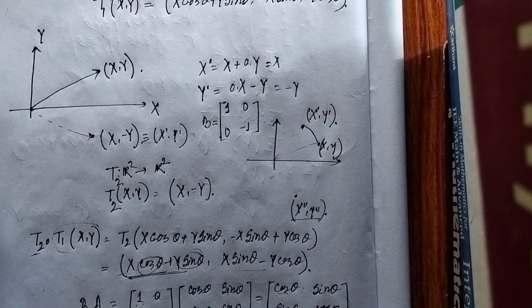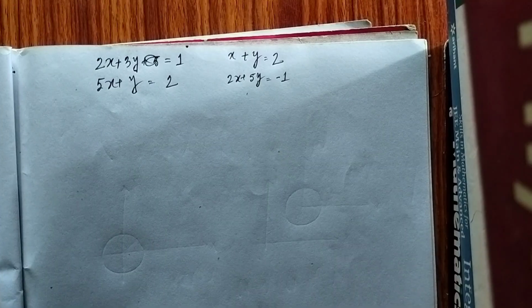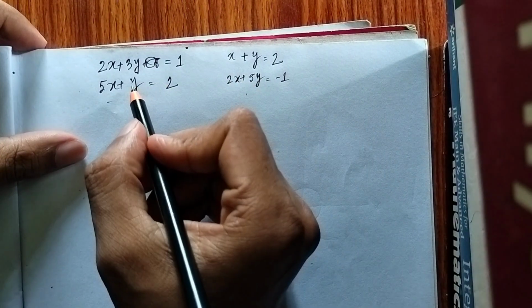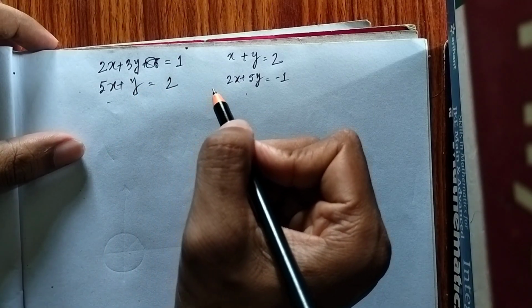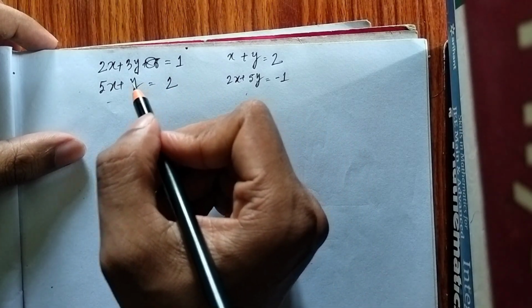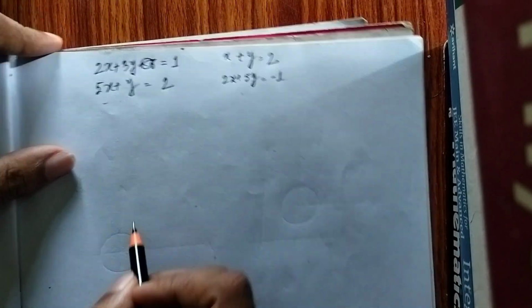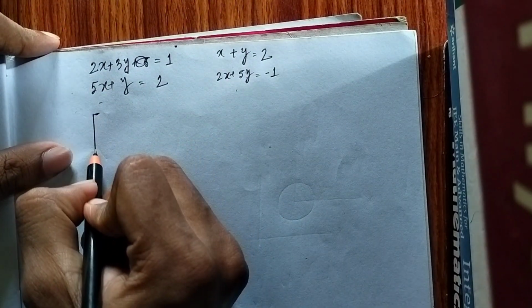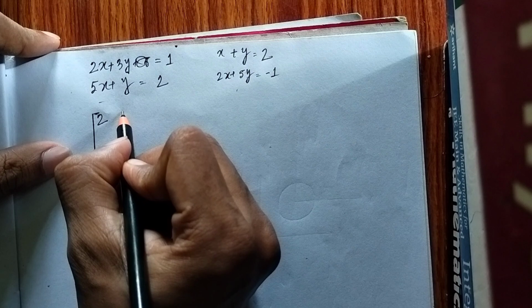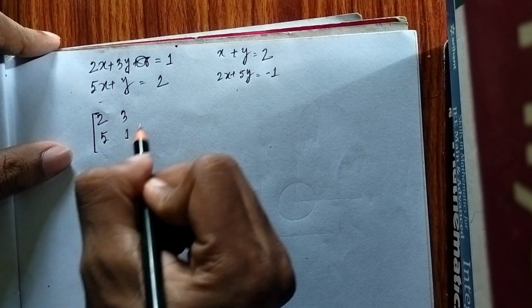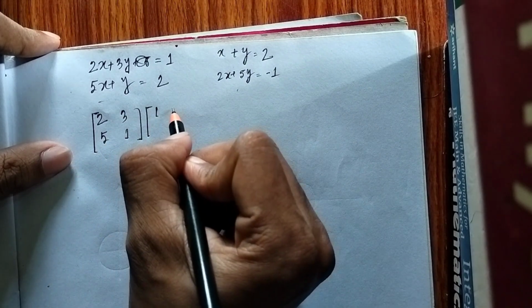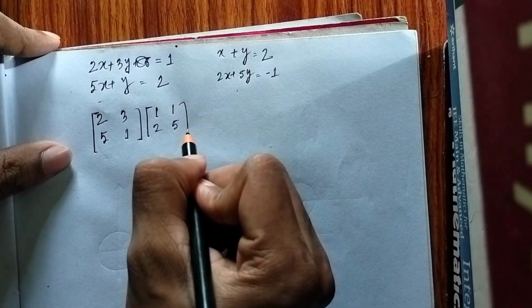Let me take one more example. Say these are the two transformations, or two line segments if you like. We are actually using them as two transformations, and what we are doing is multiplying them.